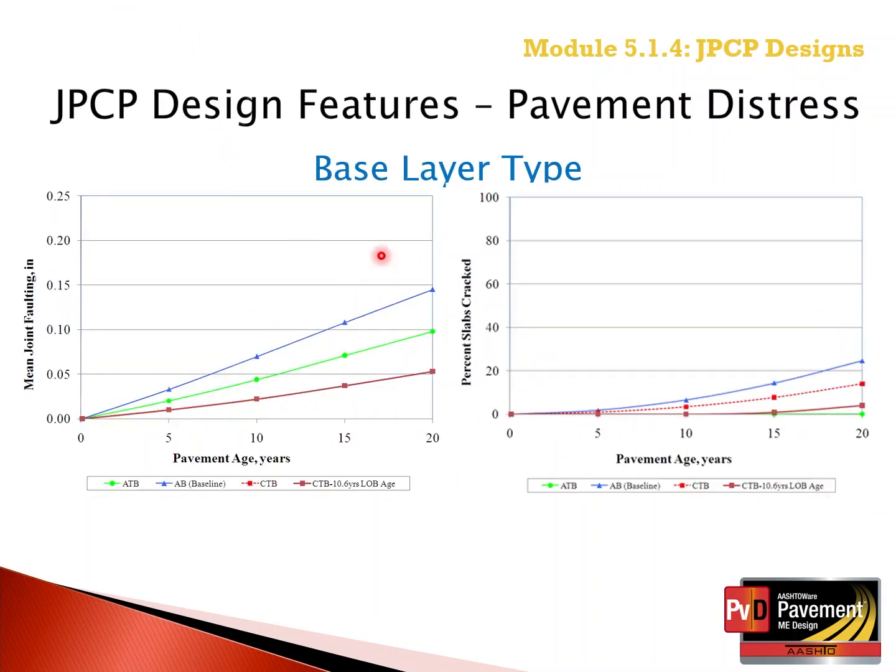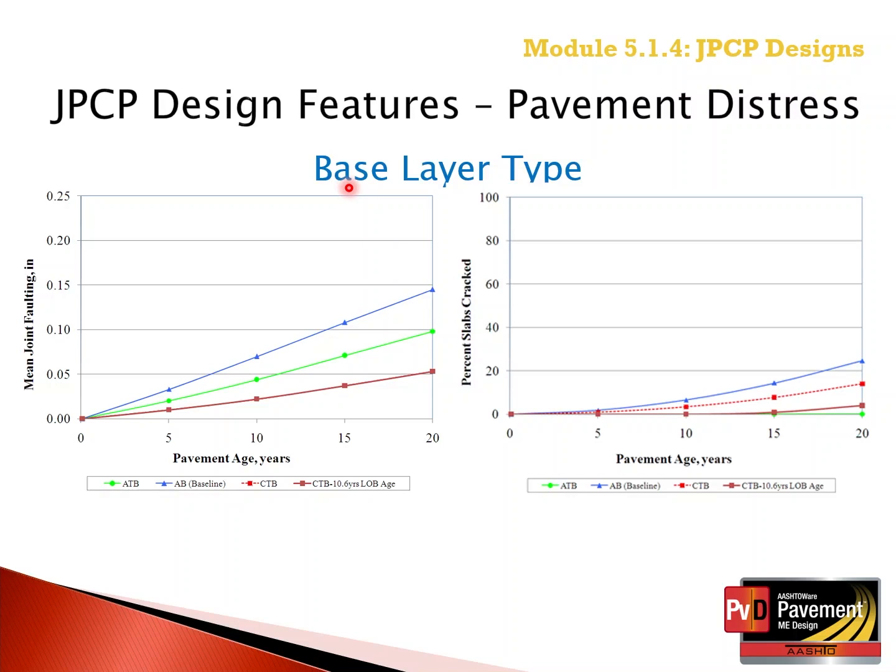Base layer, or the different types of base layers. Selecting base layer types that are resistant to erosion and reduce erodibility, or the erodibility index, can reduce joint faulting of transverse joints.